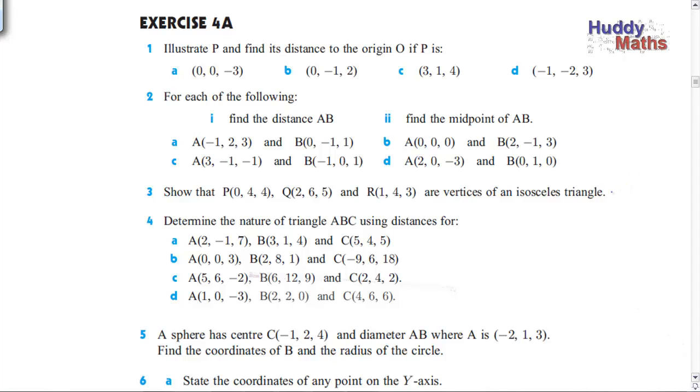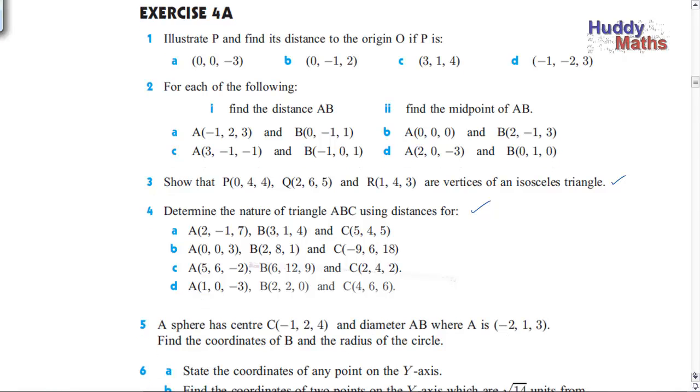Things like showing the vertices form an isosceles triangle, you've got to show that 2 sides are equal, but not the third. It's isosceles but not equilateral. Determine the nature of the triangle. The nature there is it could be scalene, no sides equal, 2 sides equal isosceles, or 3 sides equal equilateral. Okay, that sort of thing. All right, so pause it and have a go.